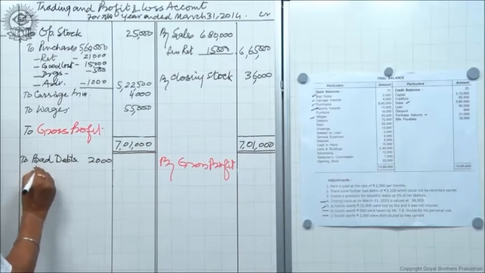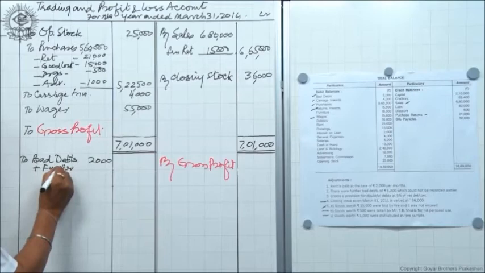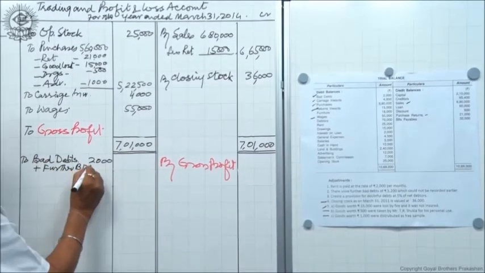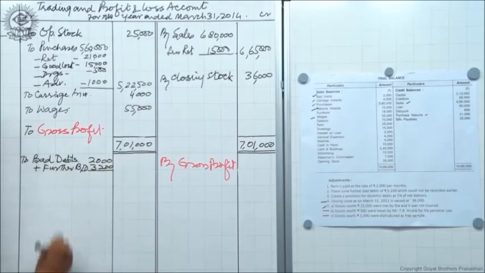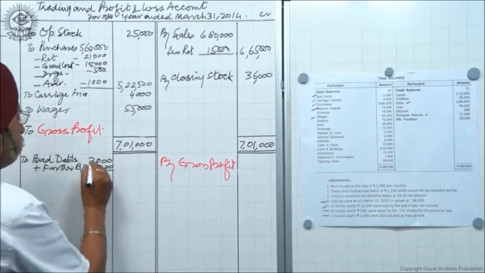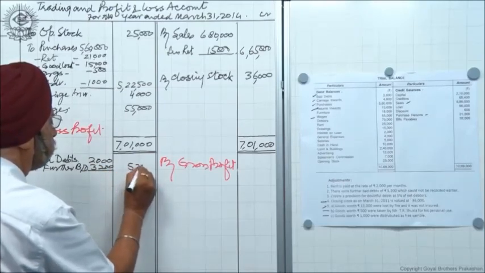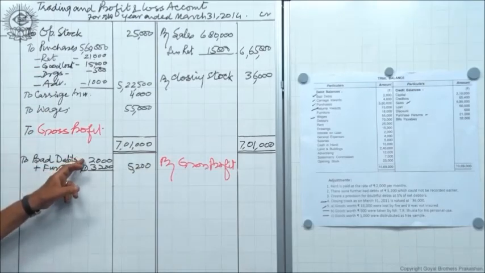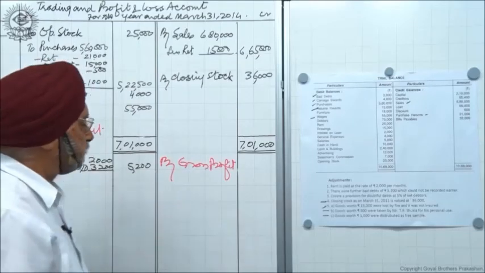Add further bad debts, 3,200. So we have here 5,200. How much? 5,200 is the bad debt. These are the bad debts in the trial balance and these are the bad debts in the adjustments.